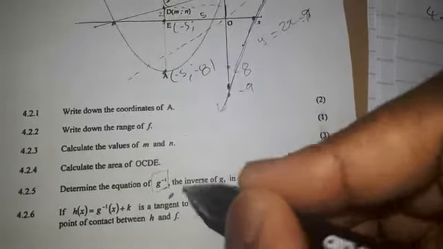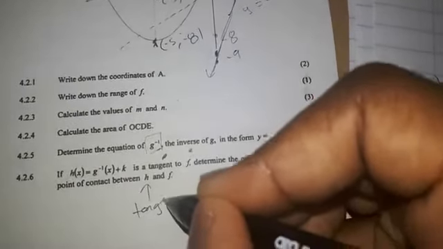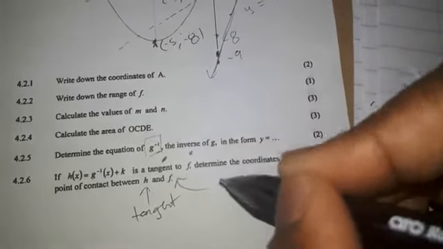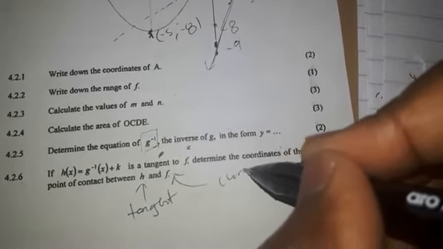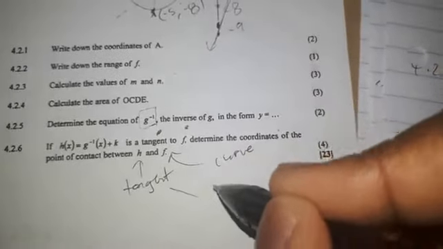So the good news is, where a tangent is going to meet f, here we have the tangent, and then here you have f, which is the curve. If you have gone through the course, then you already know that a tangent and a curve will always have the same gradient.